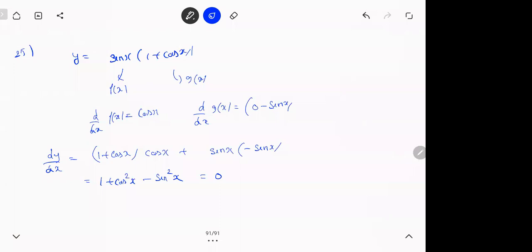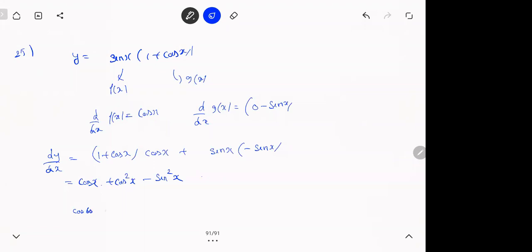Did I make a mistake? f of x into g of x, that is okay. g of x into the differential of f of x, ah, this was cos x. So we got this thing, no? This should be equal to 0. The value given was pi by 3. Substitute and see.